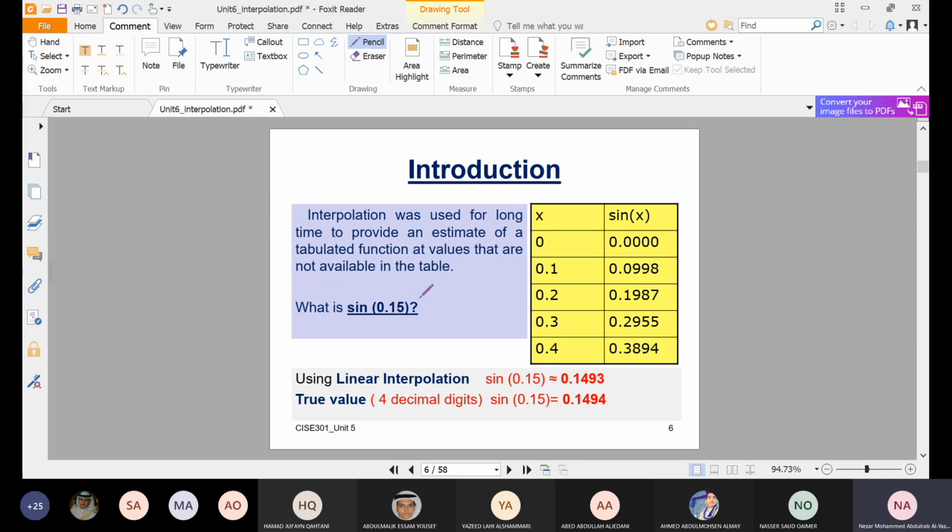But what about x equals 0.15? I don't have it in this table. So this interpolation method is one of the best methods that help us to estimate these values that are not available in this table, if we have an accurate, or precise, table.